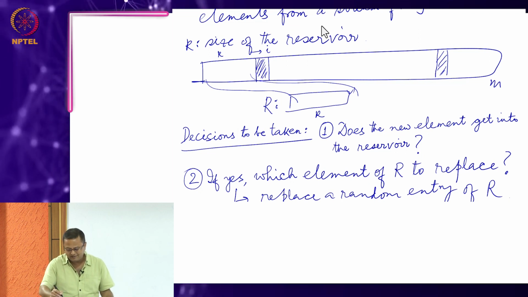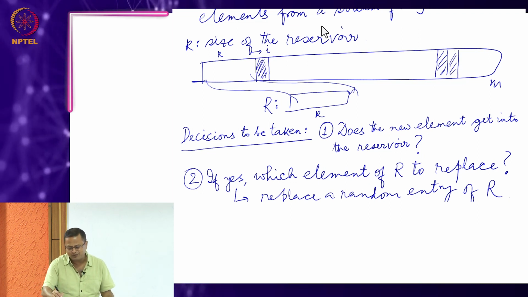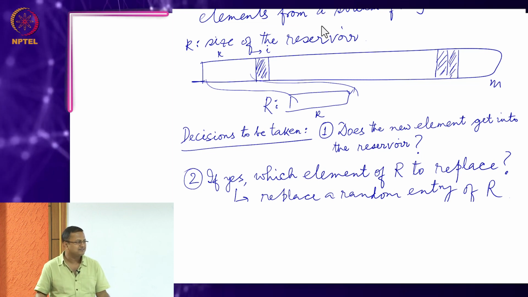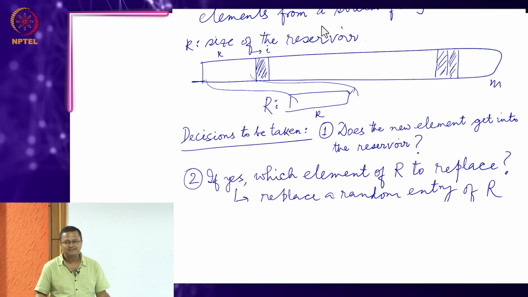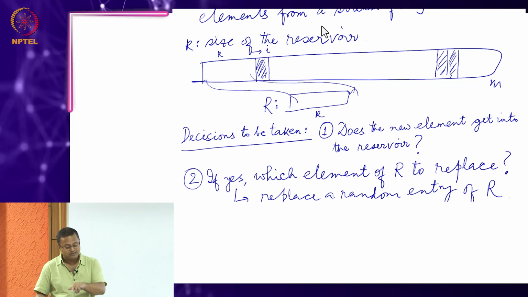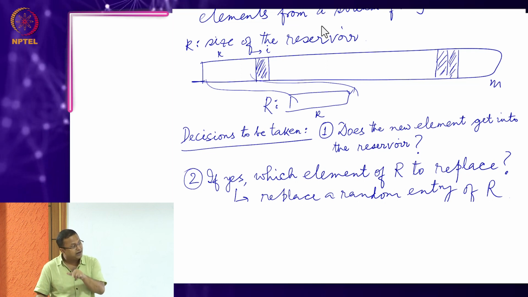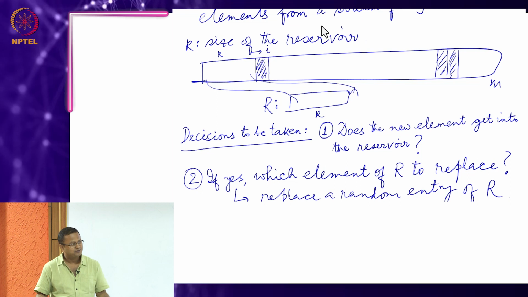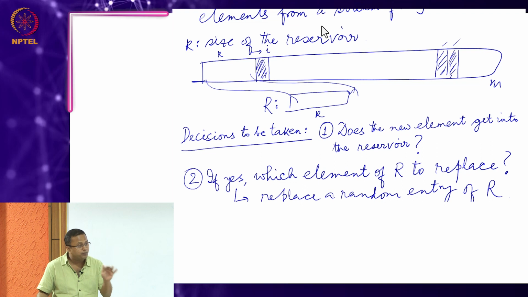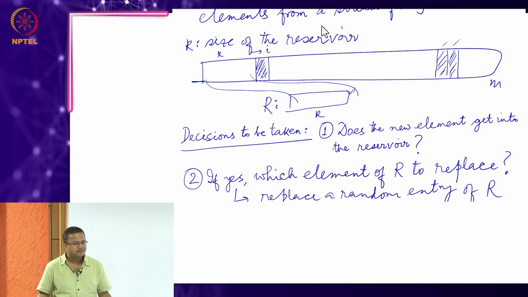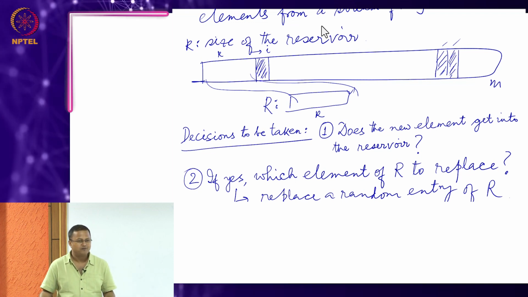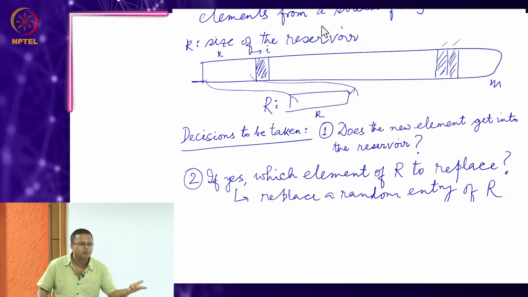See, at the end, whether you put this or this, is it hardly going to make any difference? Mind you, this reservoir has to be a uniformly random sample. So that means towards this end, whatever is in the denominator, 1 by n and 1 by n plus 1 with n large looks almost the same, right?